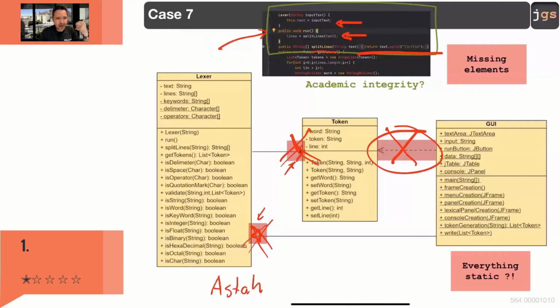It is particularly interesting that several teams choose to do that. Moreover, it caught my attention that the names of the methods and even the order of the methods are the same. I put this note here, academic integrity question mark, because I am going to ask the TA to review the code in more detail and check if this is just a coincidence at this point or there are more.